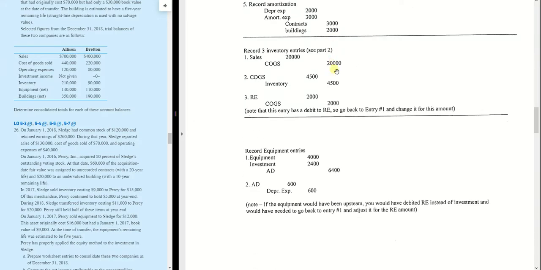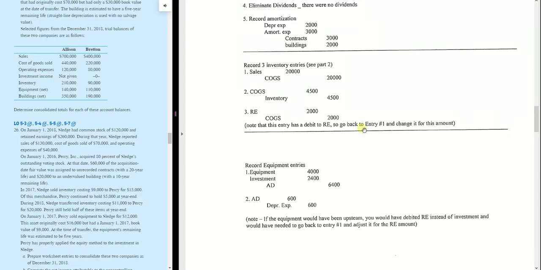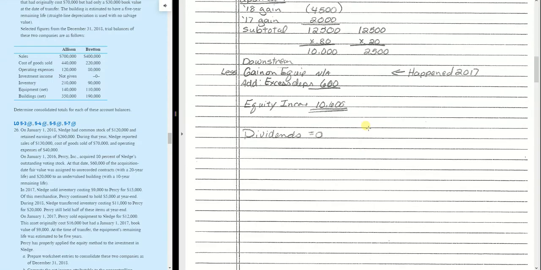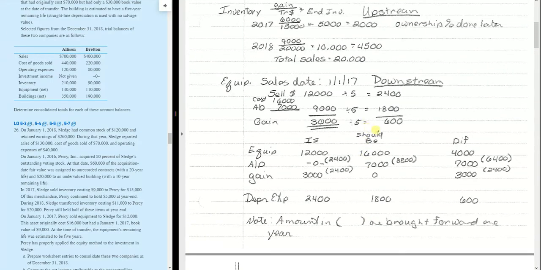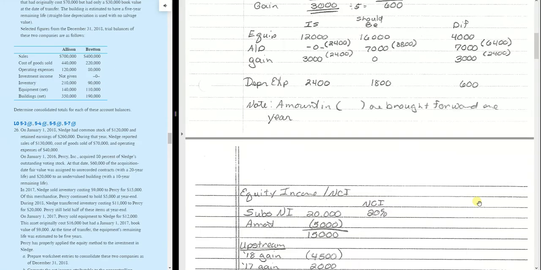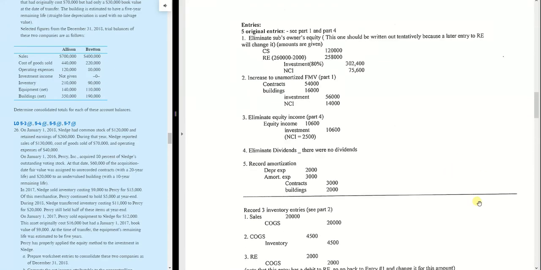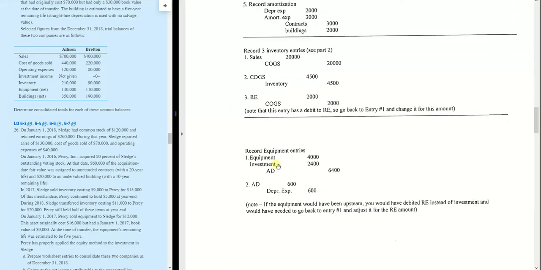Okay, so now I'm going to go to my equipment. And if you notice up here, again, you've got it in front of you, so I don't want to keep scrolling there, but the difference is 4,000, 6,400, and 2,400, and 600, okay? So I need to get the equipment up by 4,000.